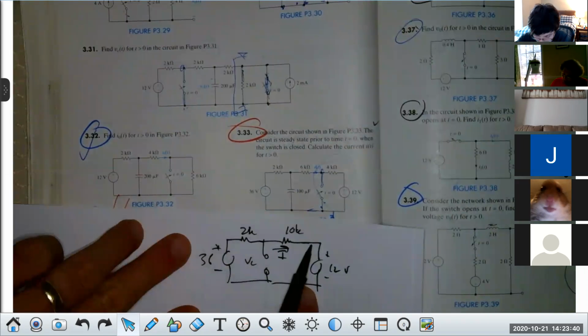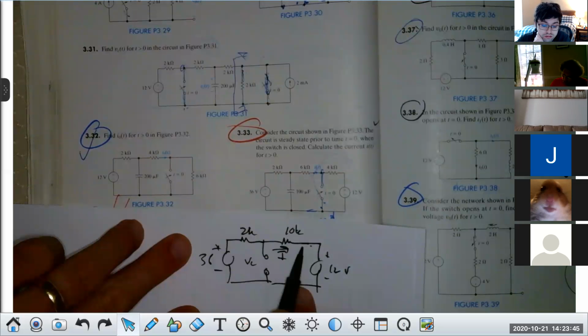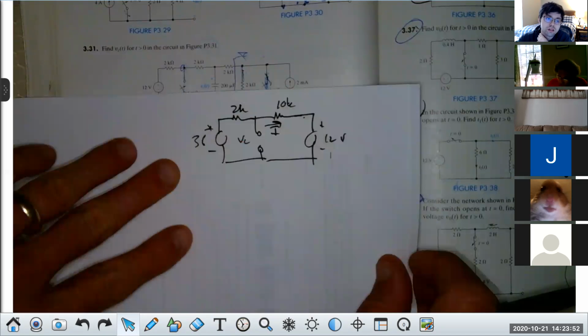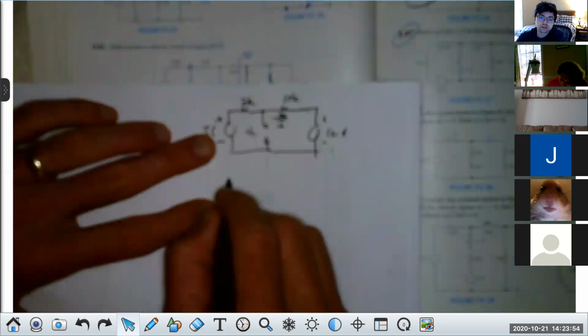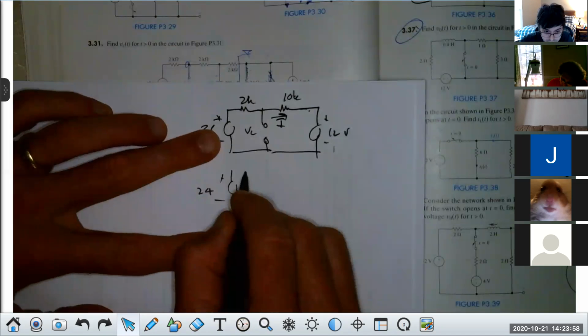That's the series resistance in the circuit. Then I look at these voltages. I have 36 volts trying to shove current clockwise, 12 volts to shove it counterclockwise. 36 minus 12 would be 24. So the equivalent to get this current would just be 24 volts, and then it would have simply 12K.